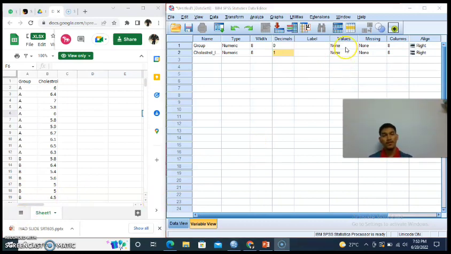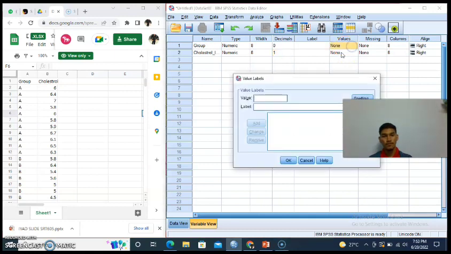Next, for the values of group, value 1 is label for group A, and we add next value 2 for group B. Add, and click OK.